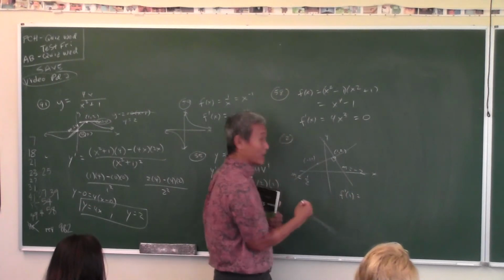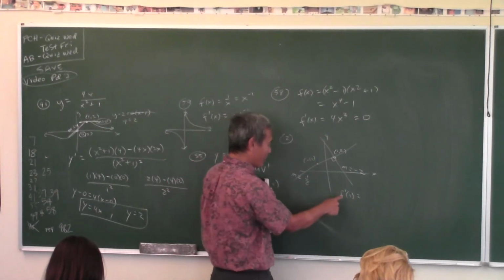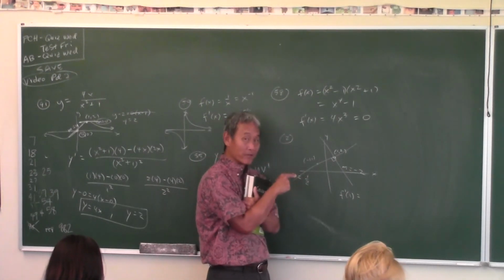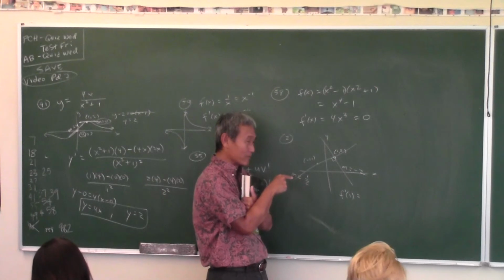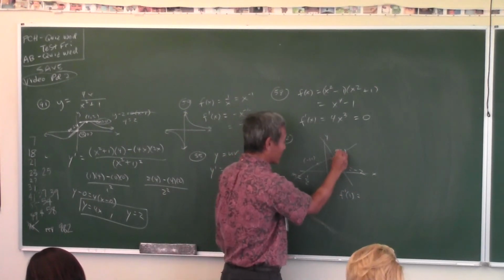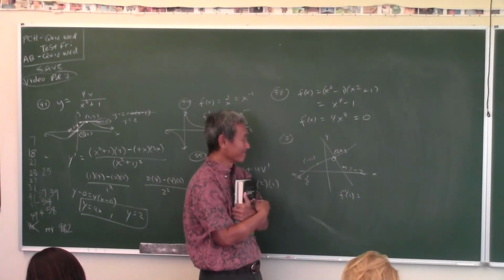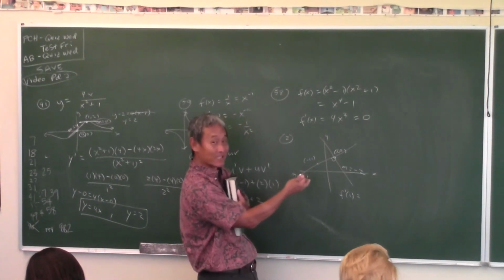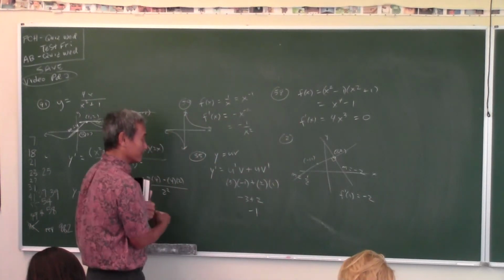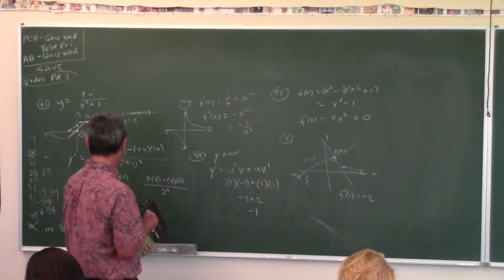Now, this is where you got to understand the notation. f prime of 1 means what happens when you plug 1 into the derivative? Well, doesn't the derivative tell you the slope of the tangent line? And when x is 1, right here, do we know what the slope of the tangent line is? Yeah, look at the picture. It's -2. So the answer is -2. So again, you got to understand the notation.